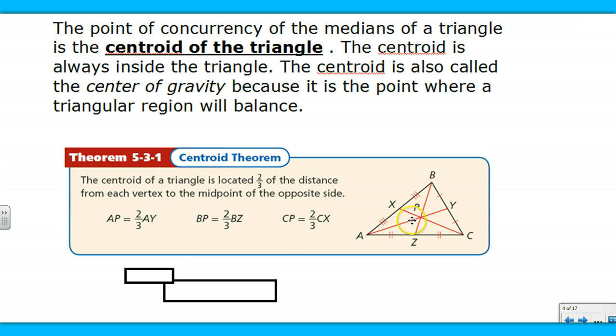So AP is 2/3 of the entire AY, which means PY would be 1/3 of AY, right? BP is 2/3 of the entire BZ, and C to the centroid P is 2/3 of the entire median CX.